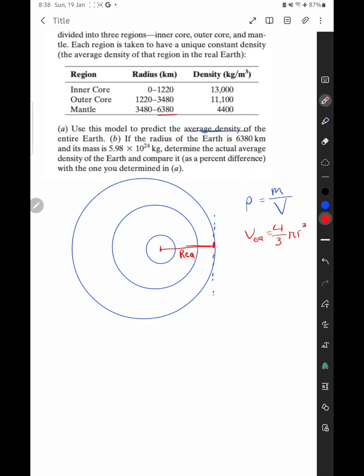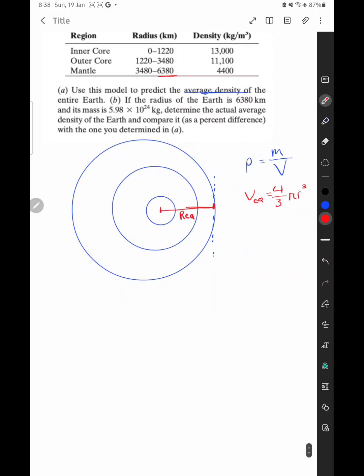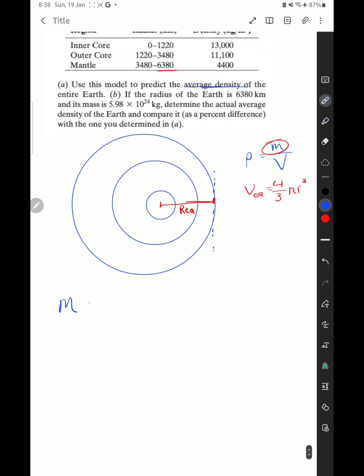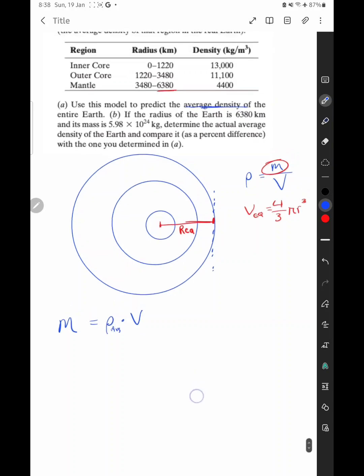So let's leave this behind for now, and let's look at finding the M. This M here. M can be given by rho times V. This is the average density.